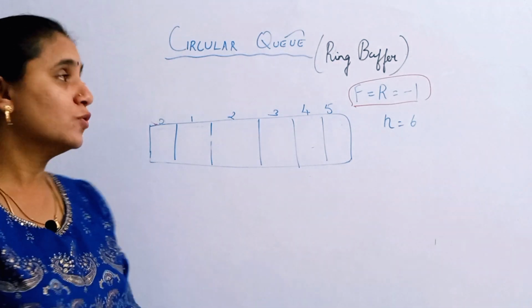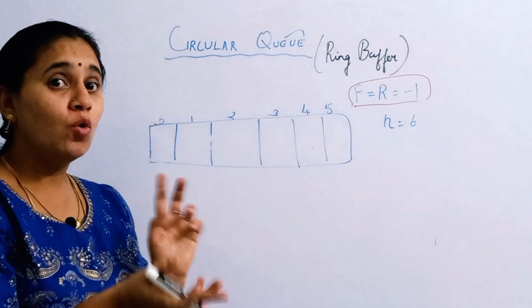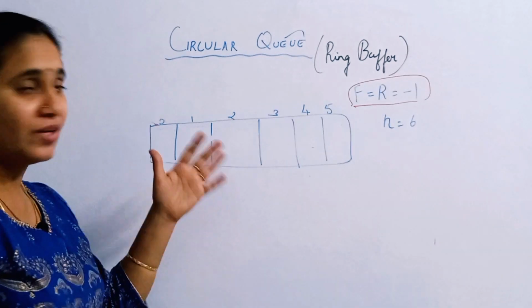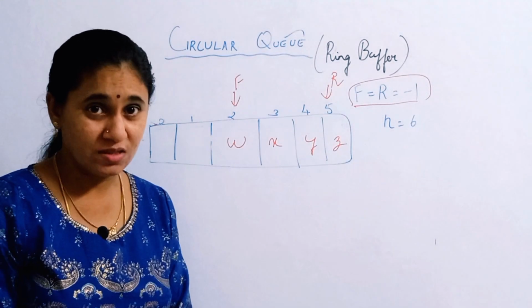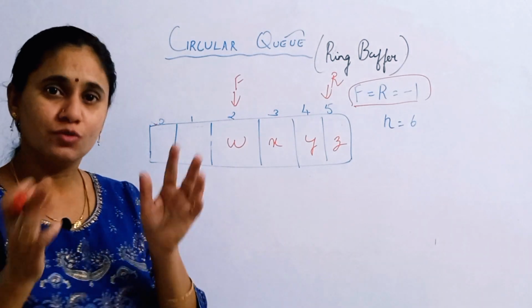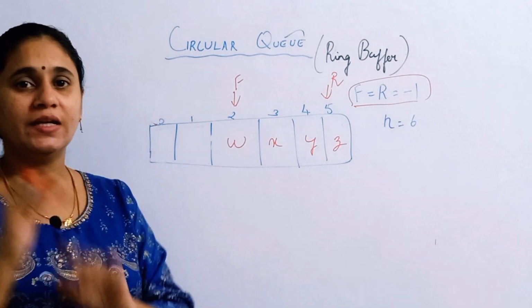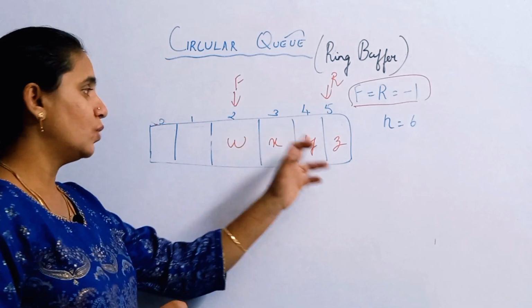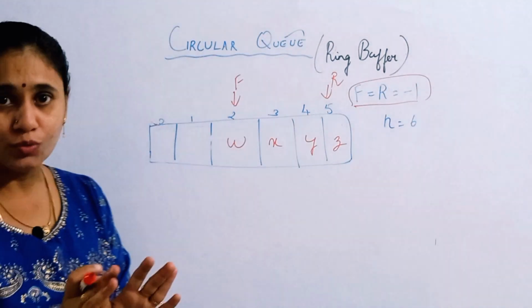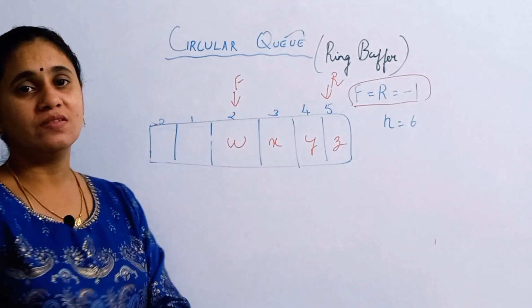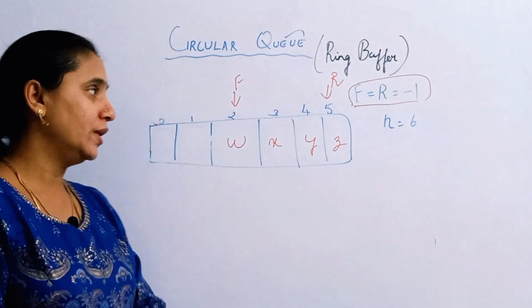Okay friends, now we are going to try an alternative way. After performing a certain number of operations, insertion, deletion and so on, finally I am getting a data structure as W, X, Y and Z. Now I want to insert an element inside the circular queue data structure.